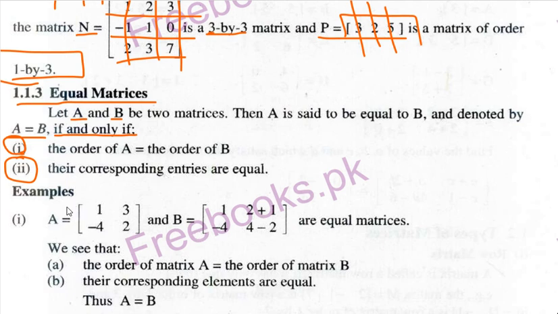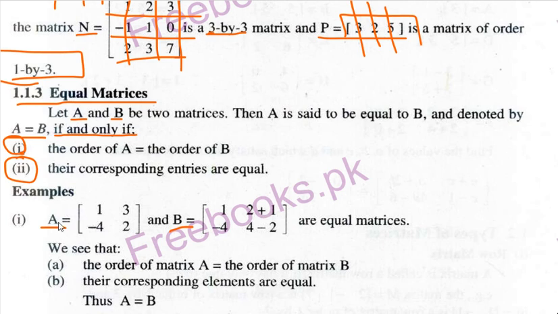Okay, let's do this with the help of an example. Take one matrix A and a second matrix B. Let's check the first condition: the order of A and the order of B are equal. To find the order, we must know the rows and columns of the matrix.